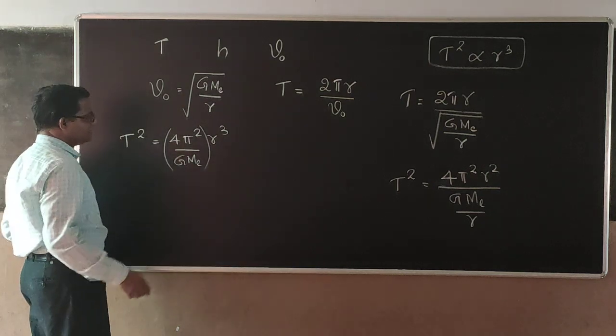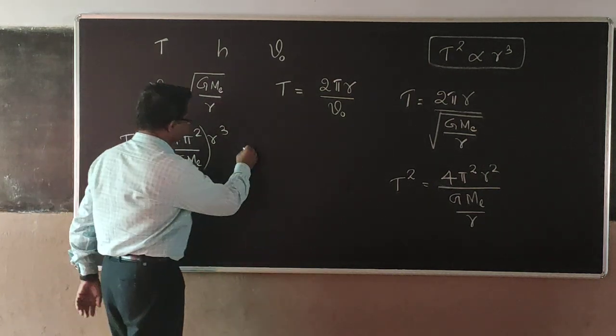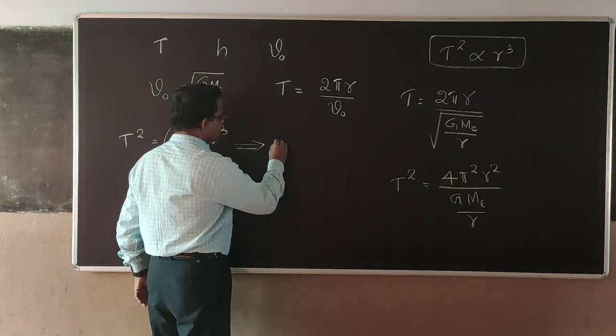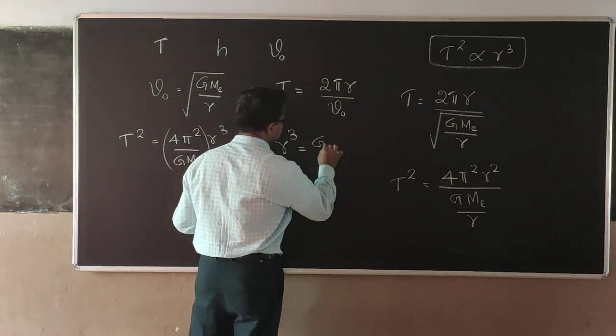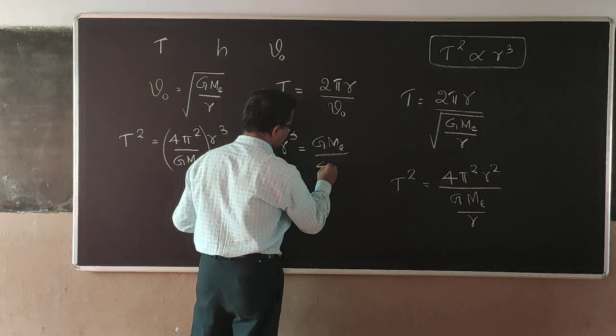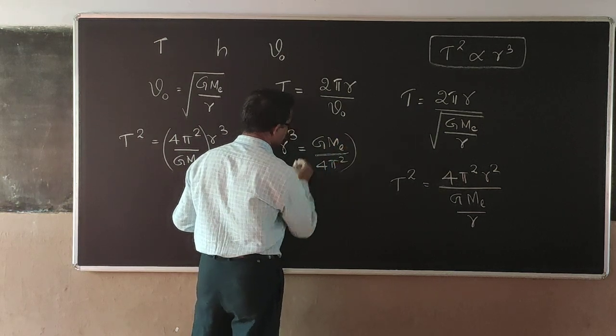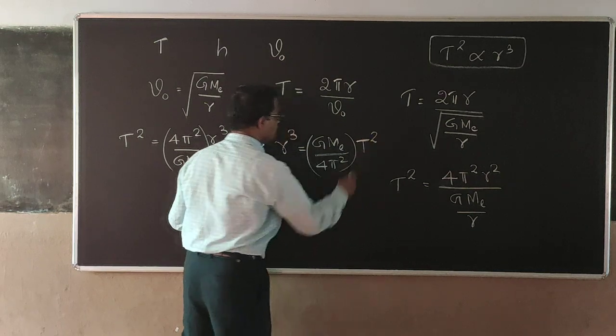So from this I can rewrite this as r³ is equal to GM_E by 4π² into T².